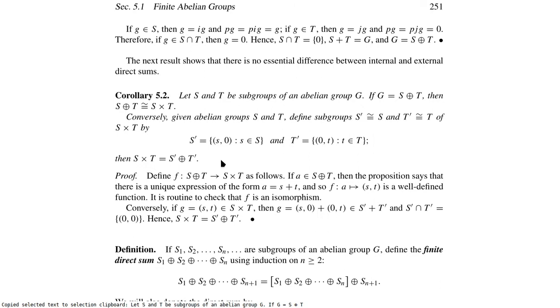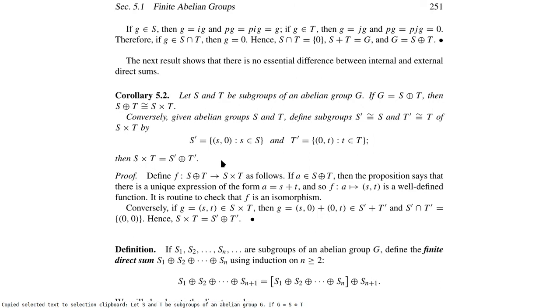You can prove this very easily. So first you take a map from the direct sum of S and T to S cross T. If you take an element A in this direct sum, by definition of the direct sum, A can be written as a sum of two elements from S and T, S plus T. So F maps A to an ordered pair S and T, right?